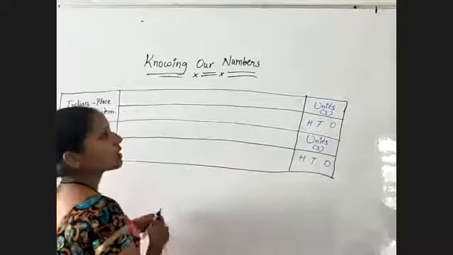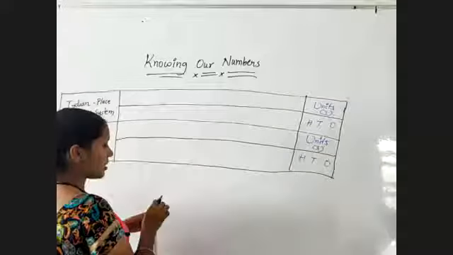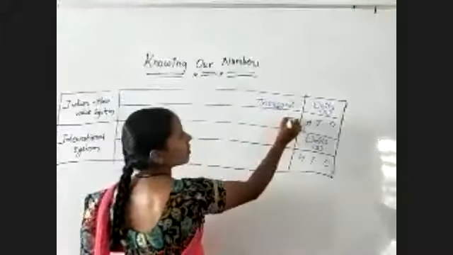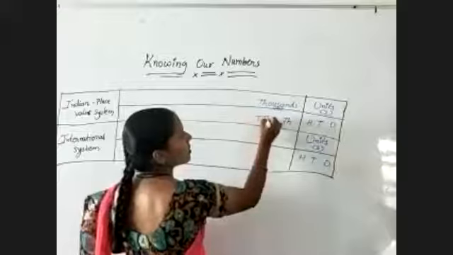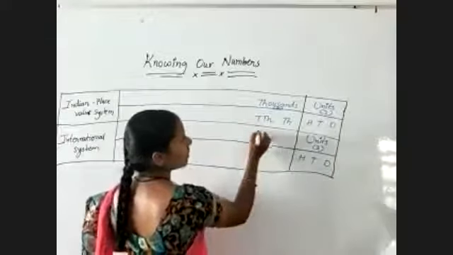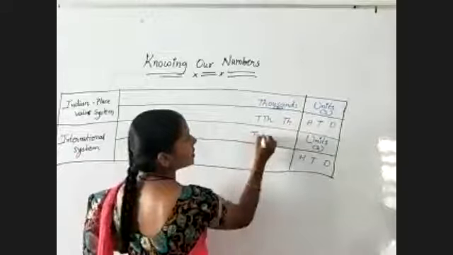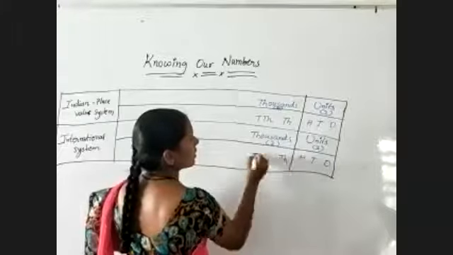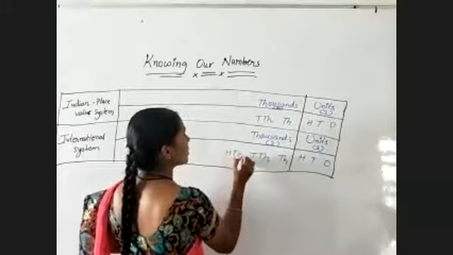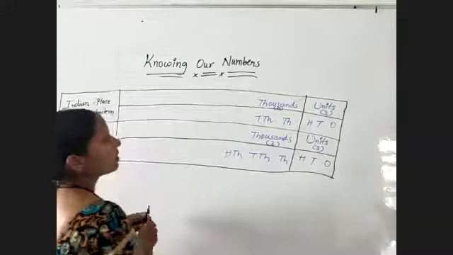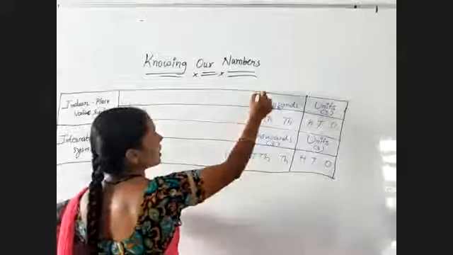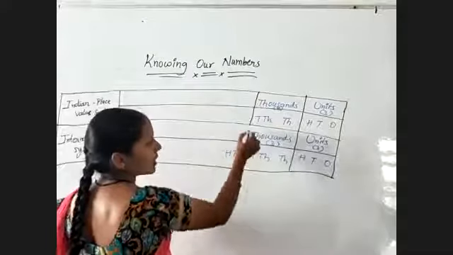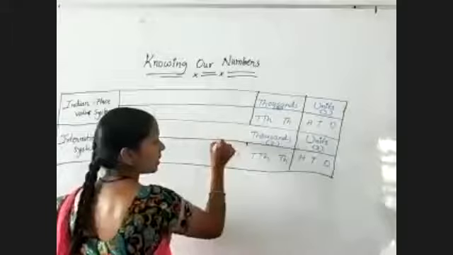Coming to the thousands. The next place value is 1,000. In the Indian place value system we have 1,000, 10,000. In the international system, the thousands period has 3 digits: 1,000, 10,000, 100,000. Just observe how they are related.